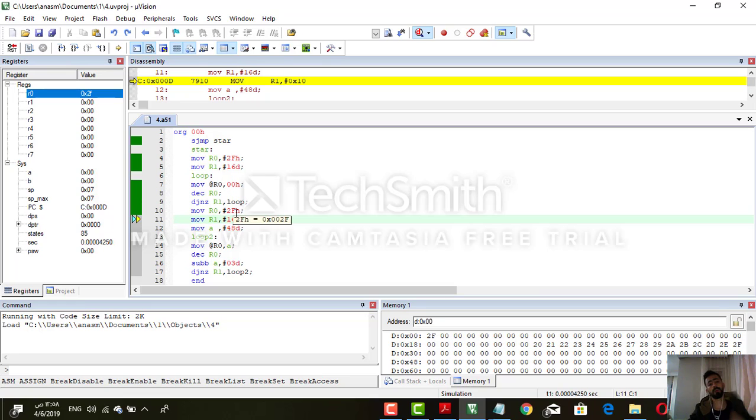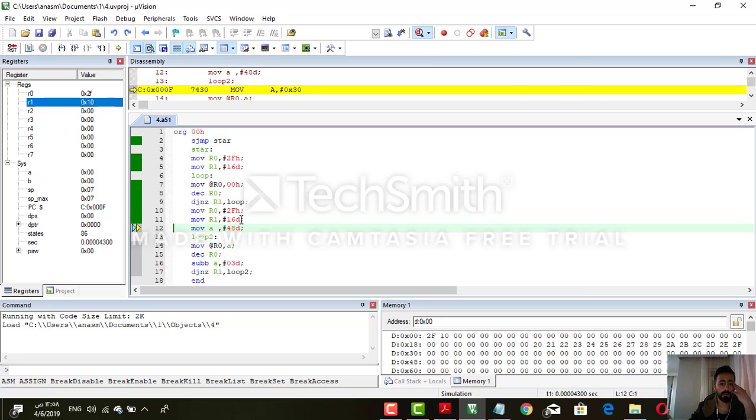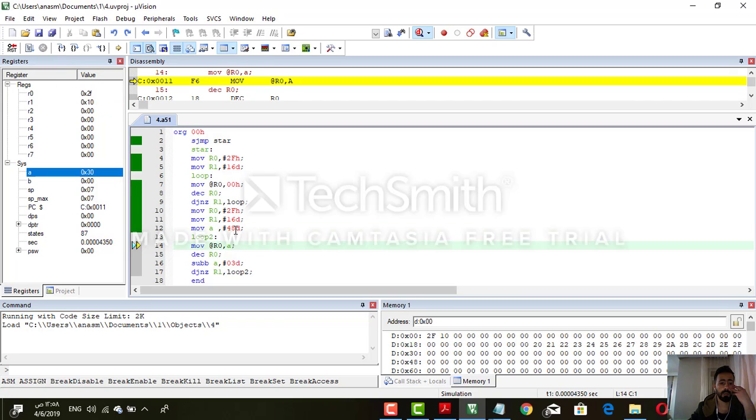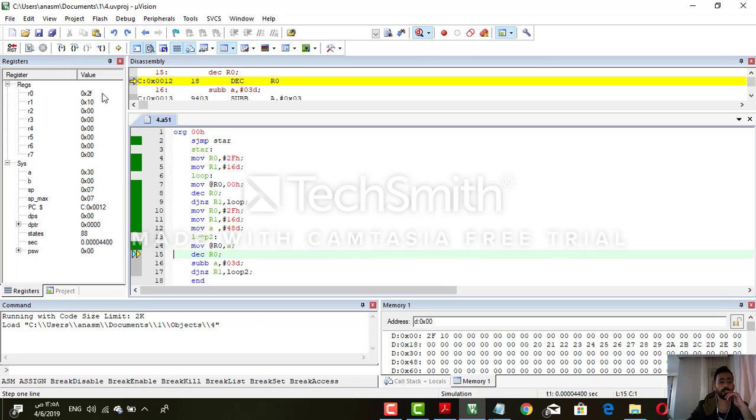As I said, we will load the highest value, which is 2F hex, to register 0, and the counter will be 16 decimal, which is 10 hex. We set it here, and we will load the number 48 decimal, which is 30 hex, to the accumulator, and enter the loop.